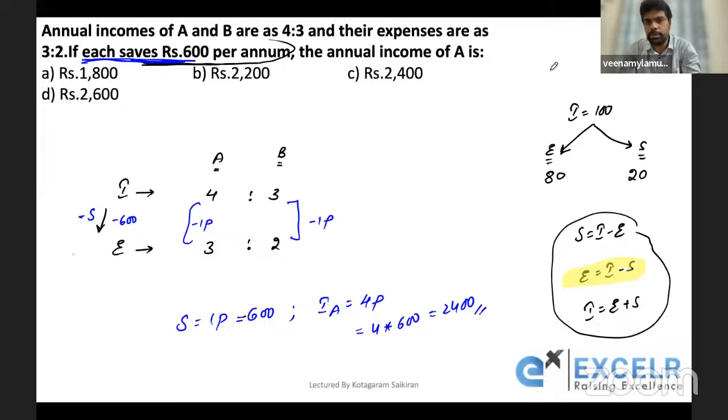Most of the students are okay, so no need of any confusion. It is very simple. If the same number is added, the change should be the same. If the same number is subtracted, then also the change should be the same.